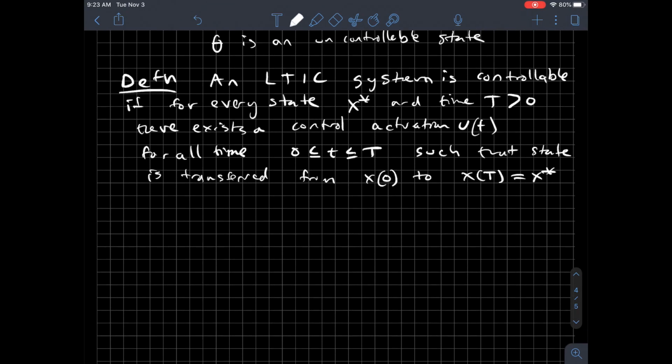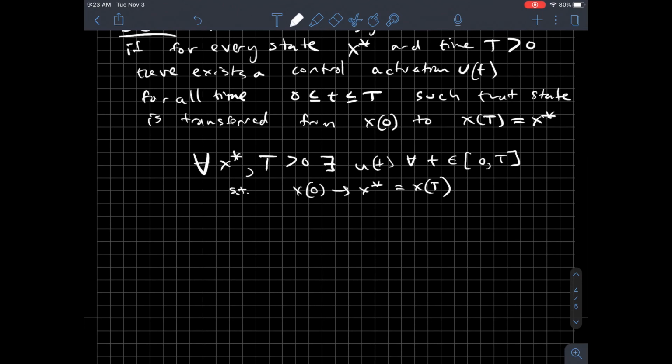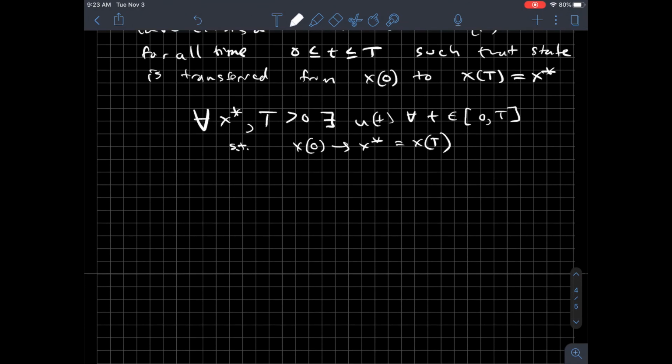The mathy way of writing this is, for all x star and t greater than 0, there exists u of t such that for all t in the range from 0 to big T, x of 0 goes to x star, which is equal to x at big T. That's the very mathy, wordy definition, but how do I deal with this in practice?